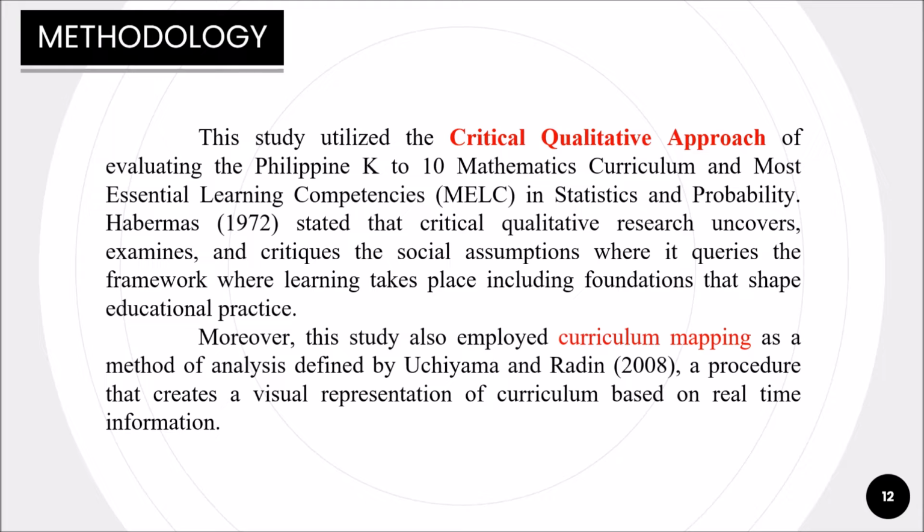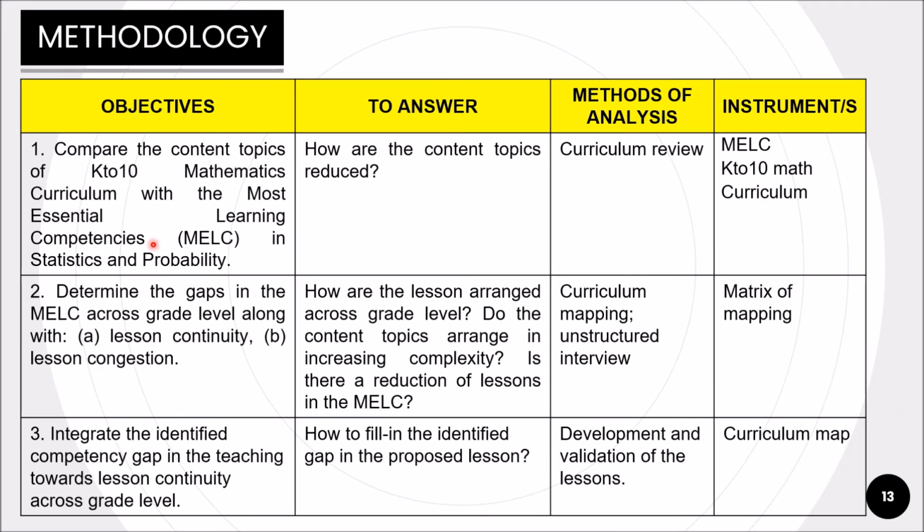Moreover, this study also employed curriculum mapping as a method of analysis, defined by Uchiyama and Radin 2008 as a procedure that creates a visual representation of curriculum based on real-time information. For the specific objectives of this study, 1. Compare the content topics of the K-10 mathematics curriculum with the most essential learning competencies in statistics and probability.